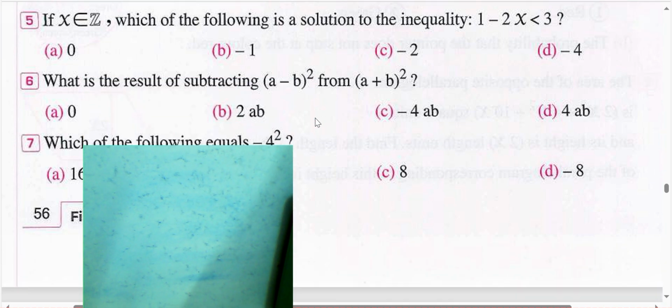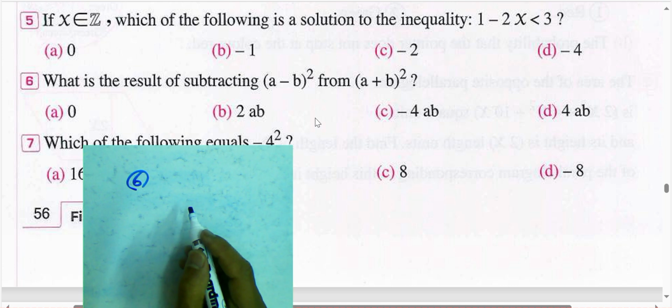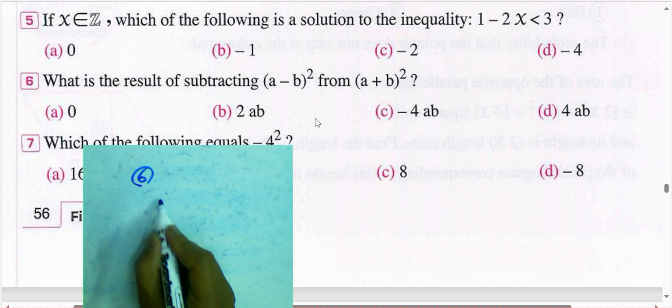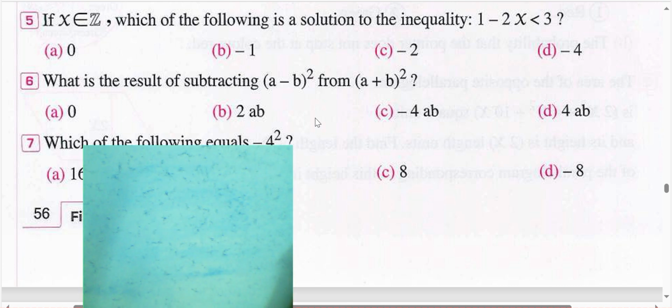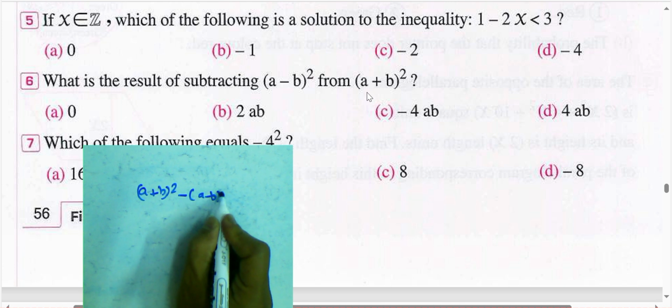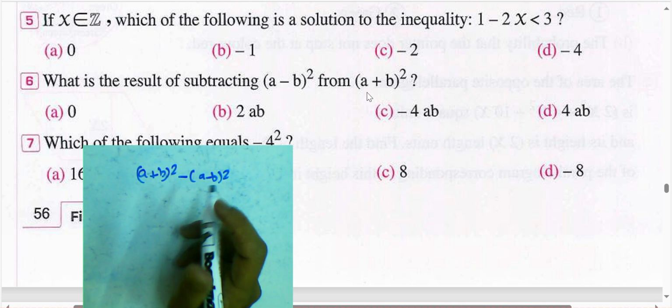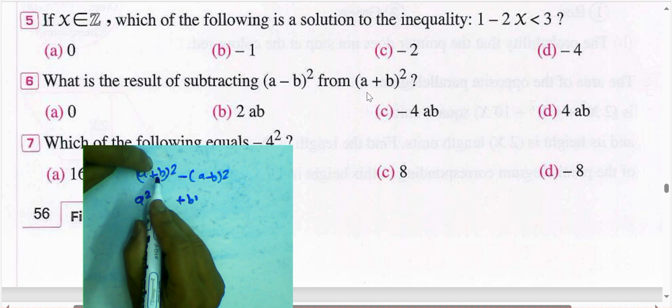Next question, number 6. What is the result of subtracting a minus b power 2 from a plus b power 2? We have the minuend and subtrahend. A plus b power 2, we call this the minuend, then subtract a minus b power 2. We can find the difference between them. We write first power 2 and second power 2 and the middle term positive 2 times a times b.